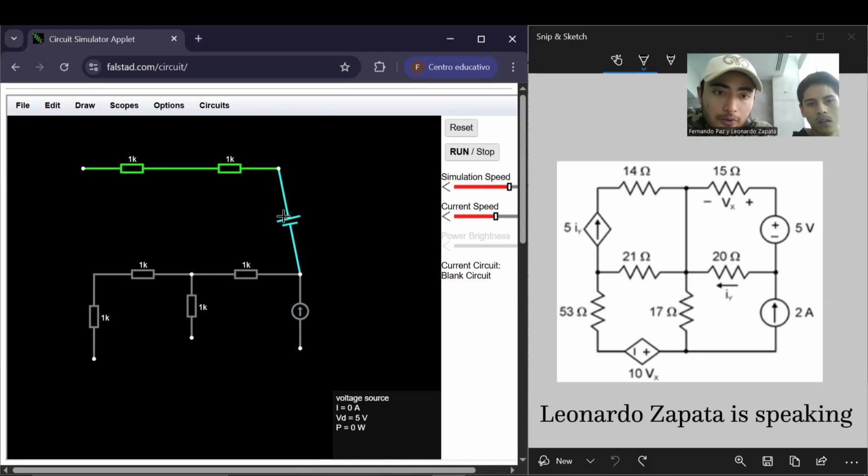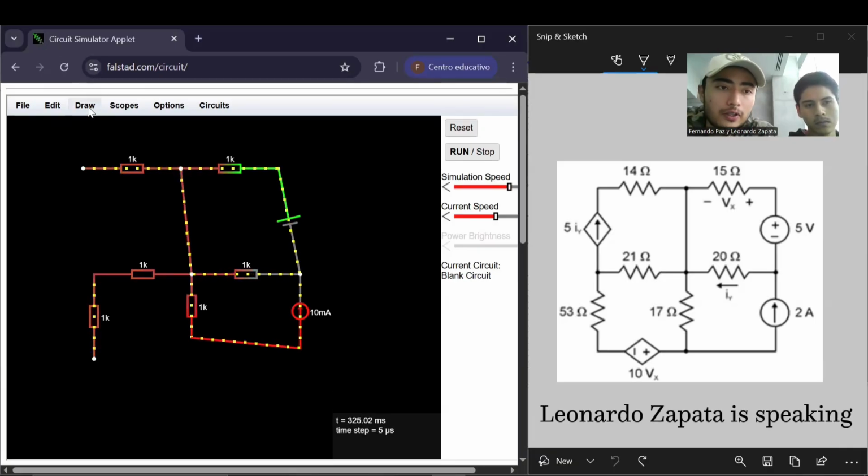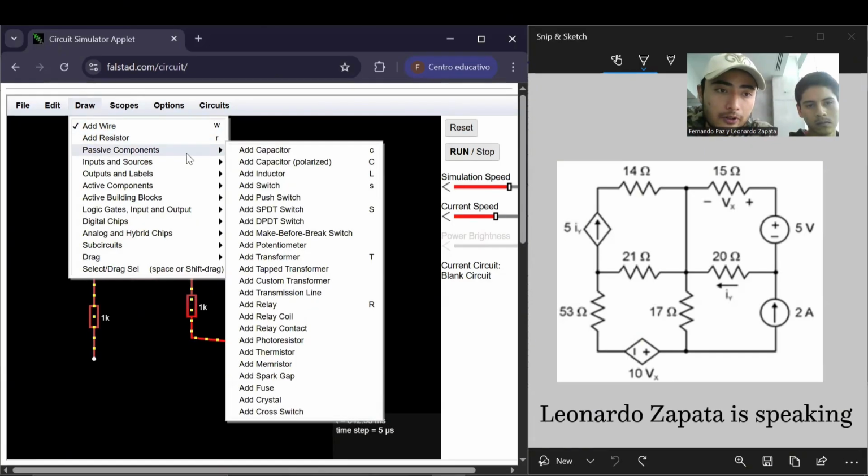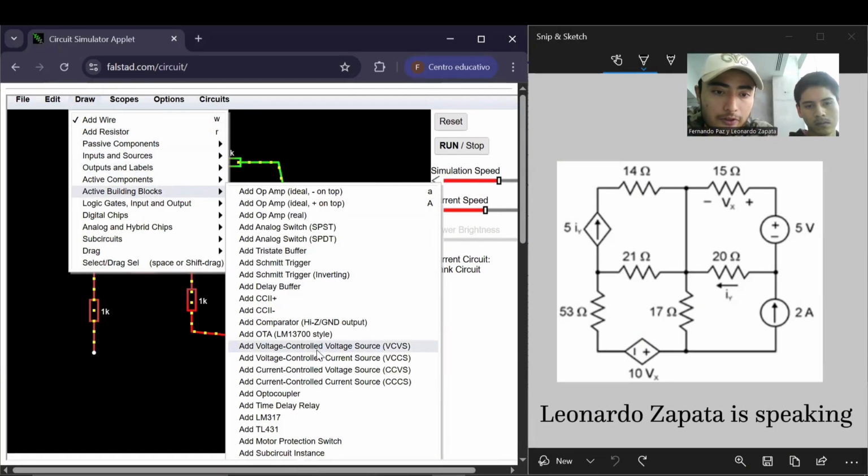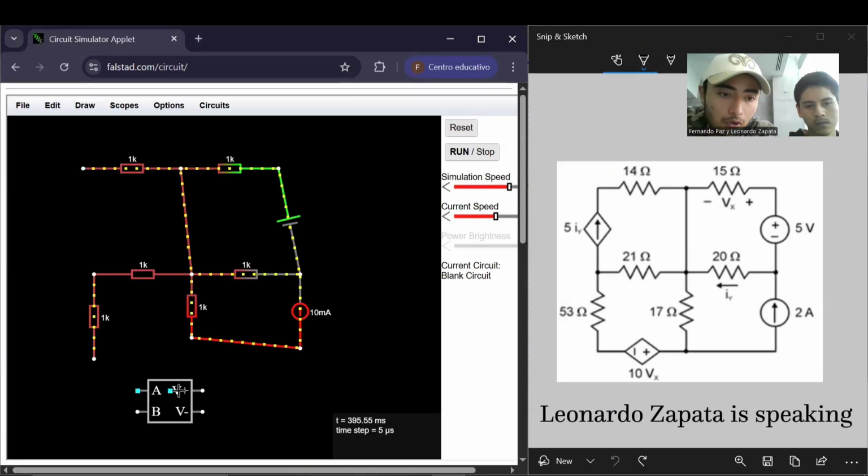The positive terminal is the biggest line, so it's correct. And we need to connect this by wires. And it's almost done. We only need to add the voltage and the current sources that are controlled. So here is the voltage controlled by voltage, and with wires we are going to connect it.